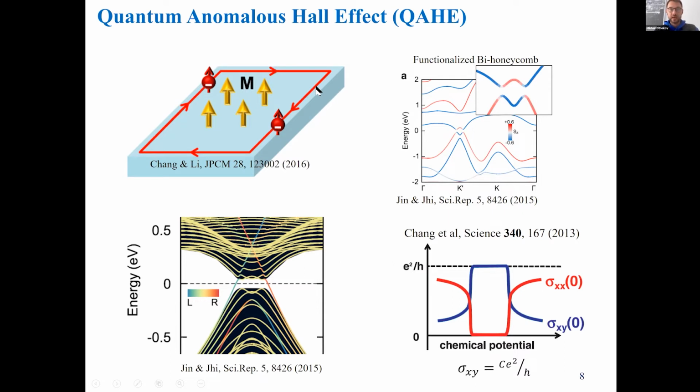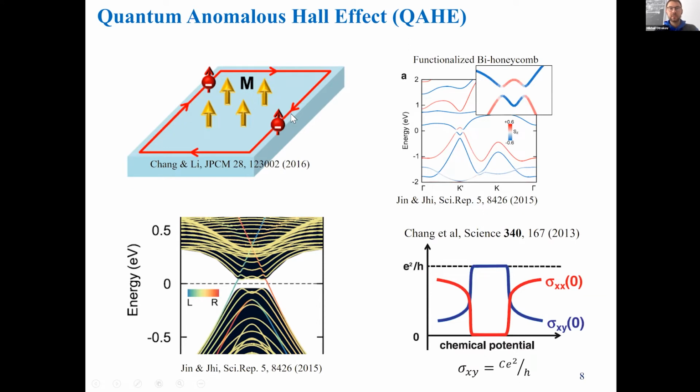The mode would be chiral, meaning that at a given edge, the electron can only propagate in one direction, and it cannot backscatter because, as it is illustrated here, for example, the left moving carrier is located physically at one edge, while the right moving channel is located at the opposite edge.